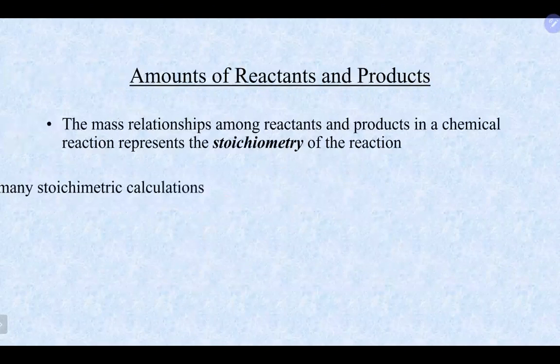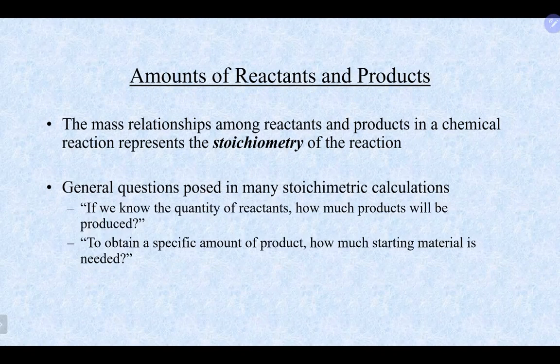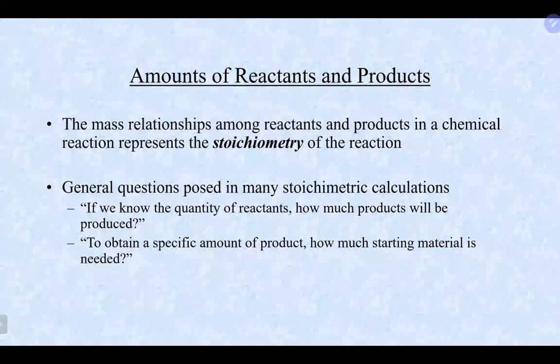So let's talk a little bit about stoichiometry. We use stoichiometry, like I said, to answer a lot of questions about a reaction. If we know just one piece of information about somebody in the reaction, we could pretty much figure out how everybody else would be, what we started with or ended with. For example, if we know how much of one of the reactants we started with, we could figure out how much product we should produce if everything went perfectly well in the reaction.